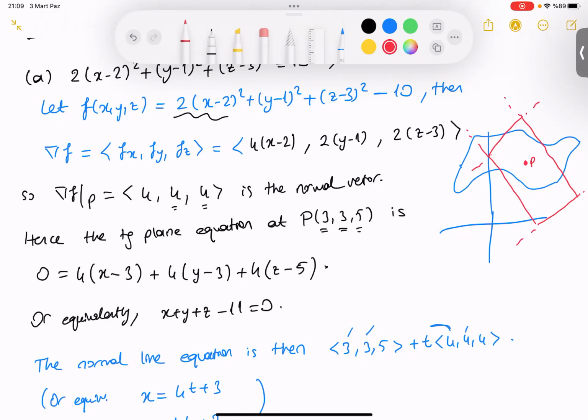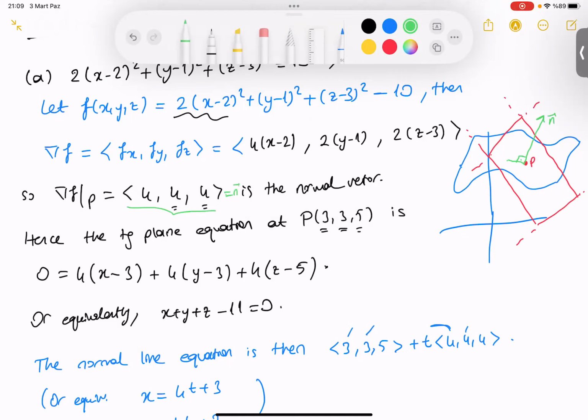Okay, it touches the surface. So this is the tangent plane, and we then find a normal vector which is orthogonal to that. Okay, this is the normal vector, let's say n.